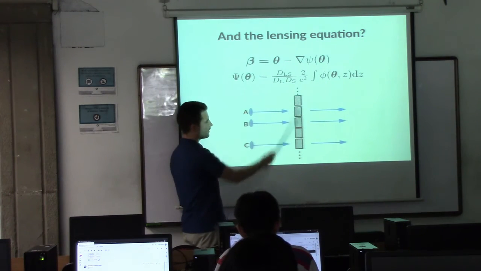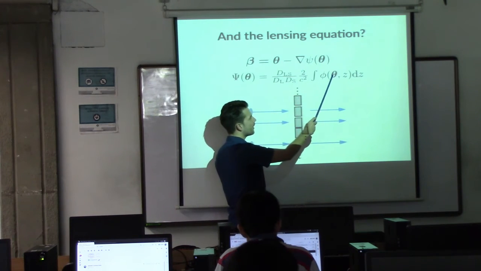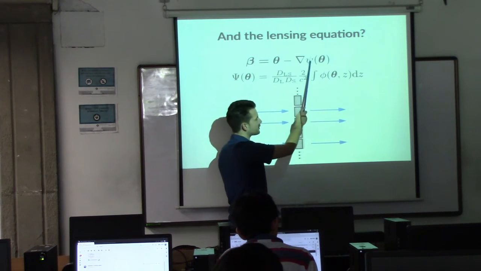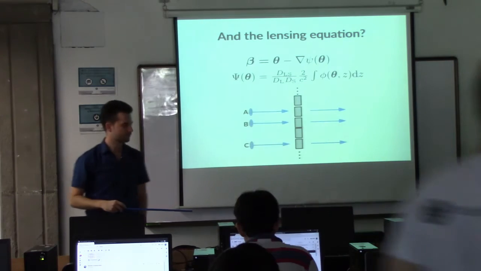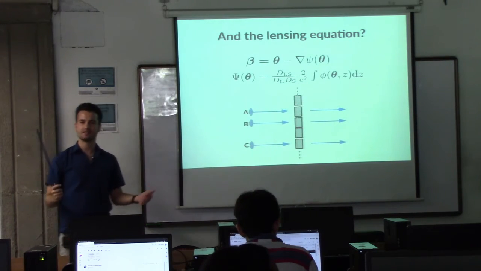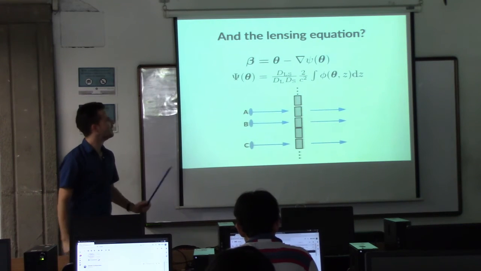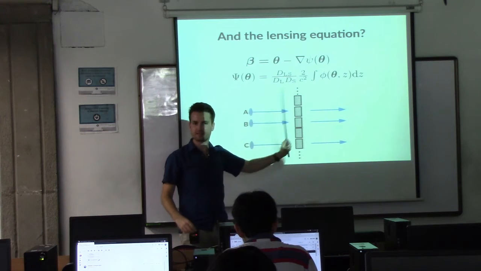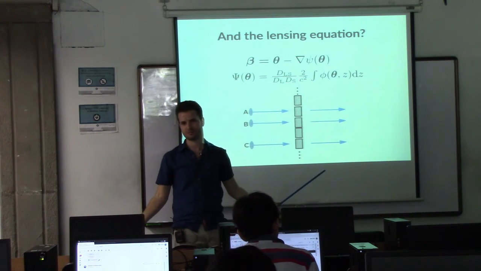What this infinite sheet of mass does is add a constant to the potential, but the constant is completely lost in the gradient. So I can have a lens that's a singular isothermal ellipsoid or singular isothermal sphere, and I can add as much mass to it, as long as it's uniform across the entire lens, as I want.